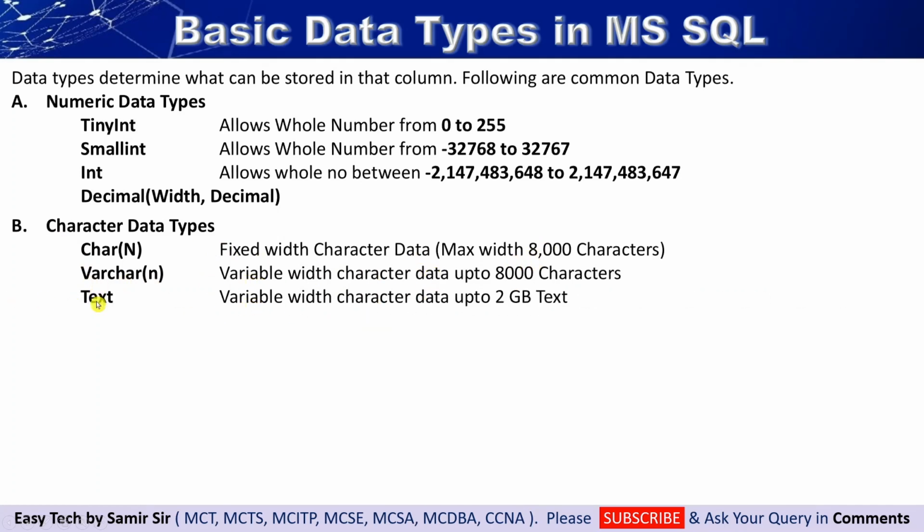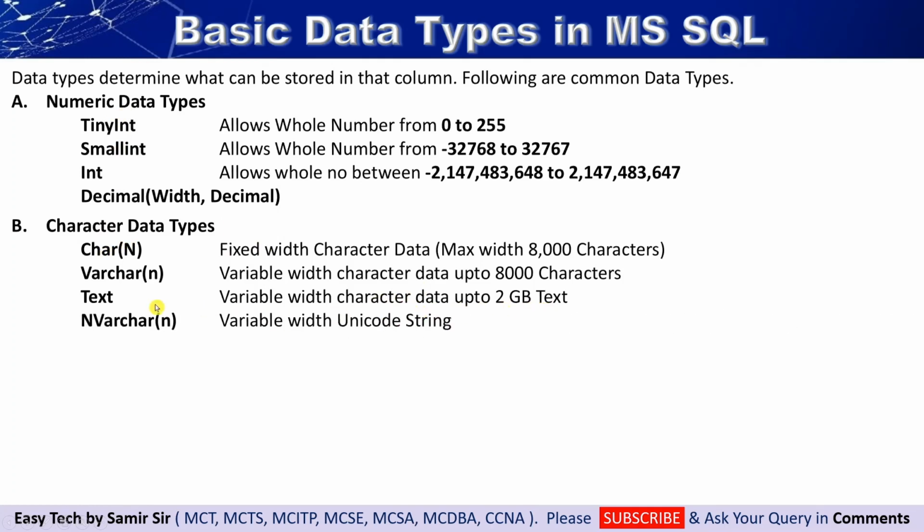Next is text. This will help you to store in a particular column a very large volume of character data. Character data can include characters, that's alphabets, and numbers also, and special characters also, up to 2 gigabytes of text.